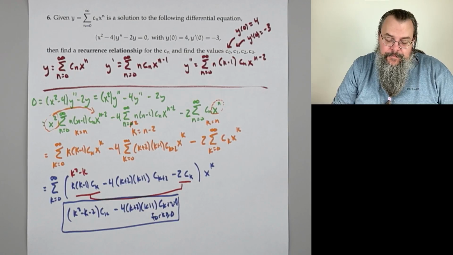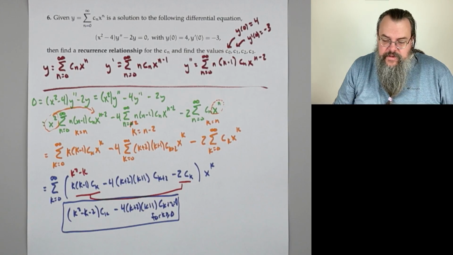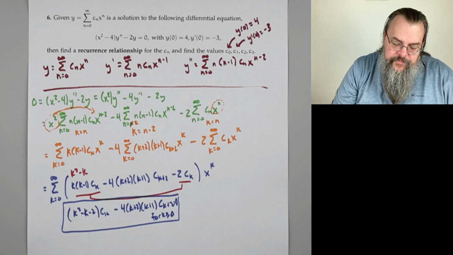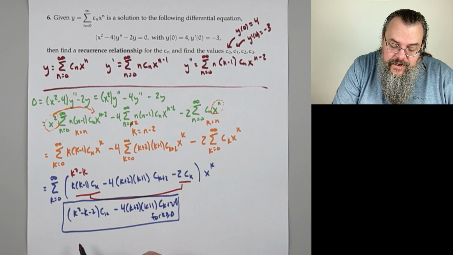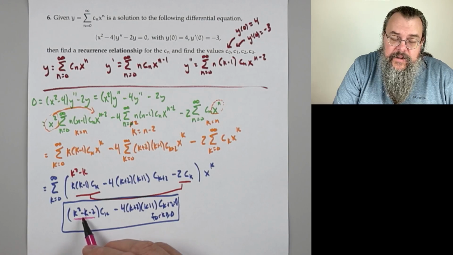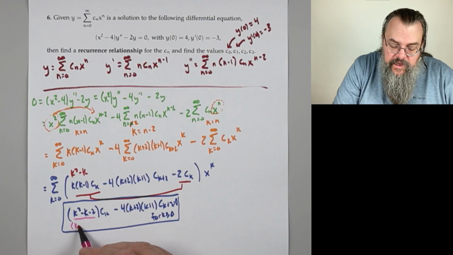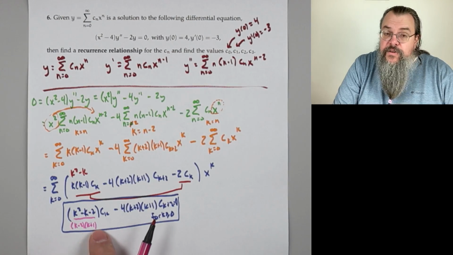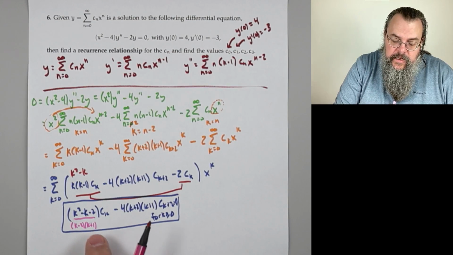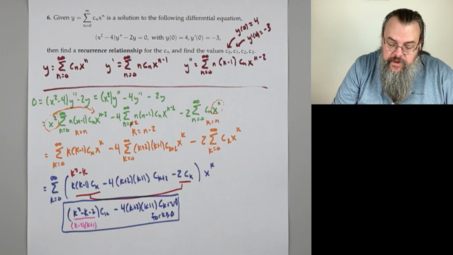Now, you can maybe get lucky. Let's see if we can get lucky here. The k squared minus k minus 2, does it factor? I think it does. I need two things that multiply to negative 2 but add to negative 1. So I think (k minus 2)(k plus 1) would do that. Let's check. k squared plus k minus 2k is minus k, minus 2. Yeah, it does that. Notice how both terms have a k plus 1.